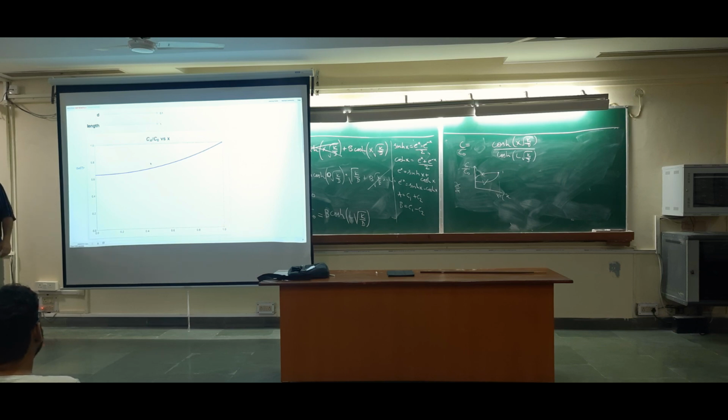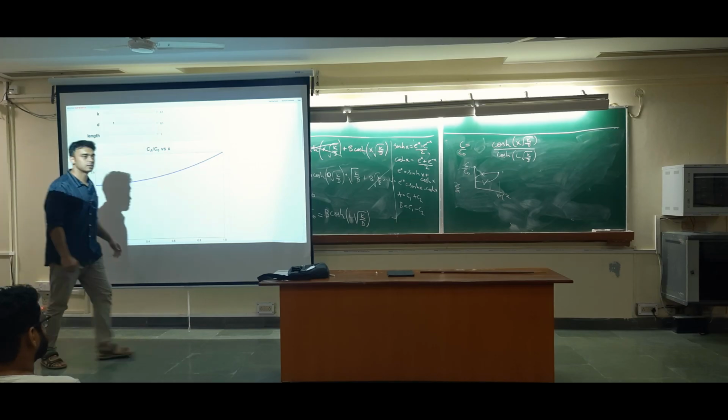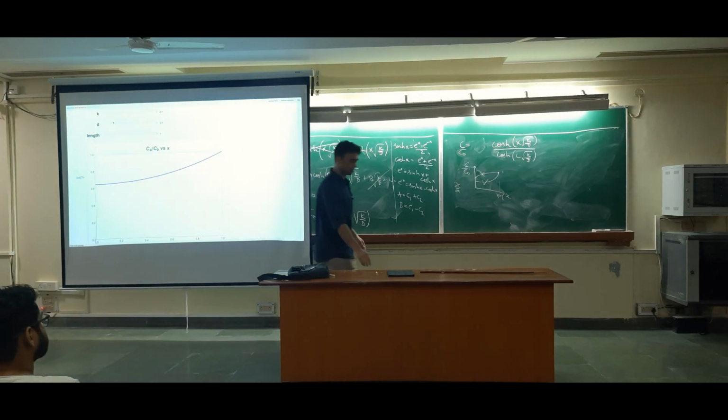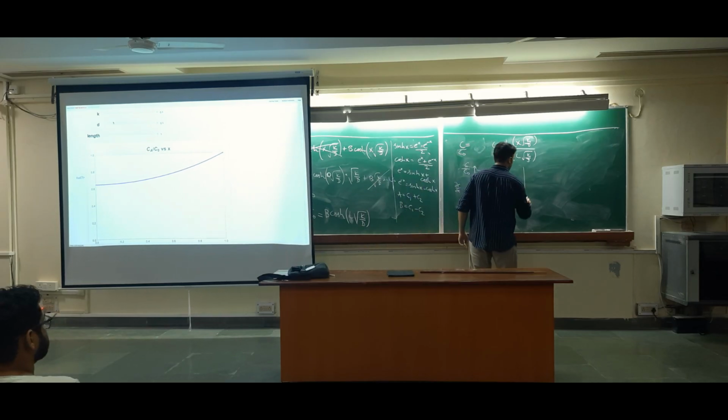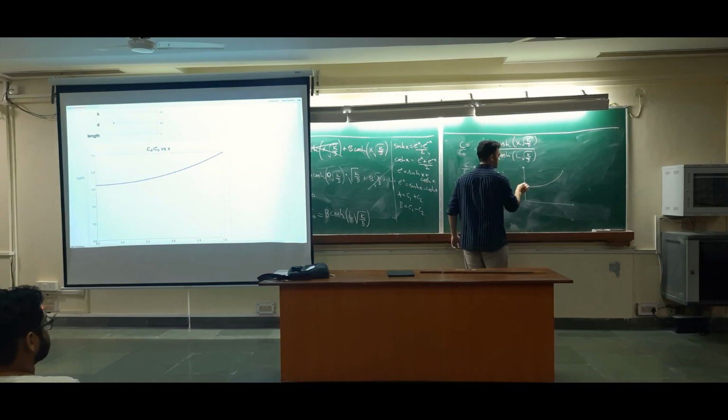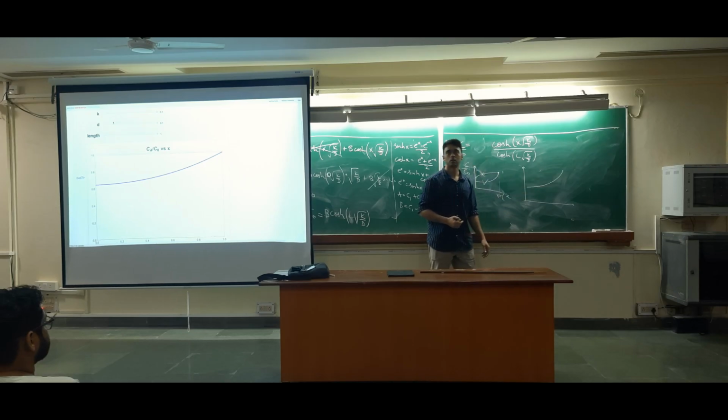Yes, okay. Now, if I change K, what do you expect? Again, expectation first, the result second. This is your plot. You change K, what do you expect will happen to this profile? Huh? It will shift upward.